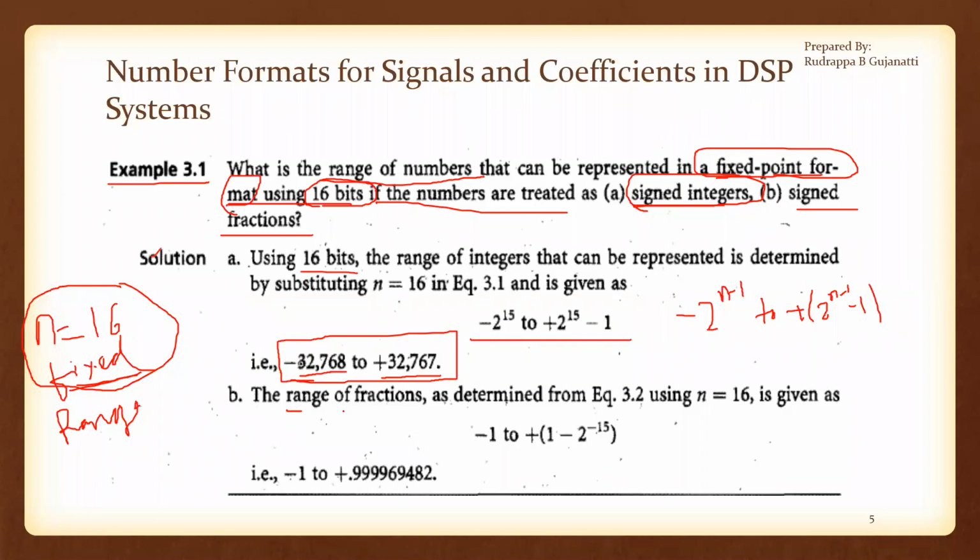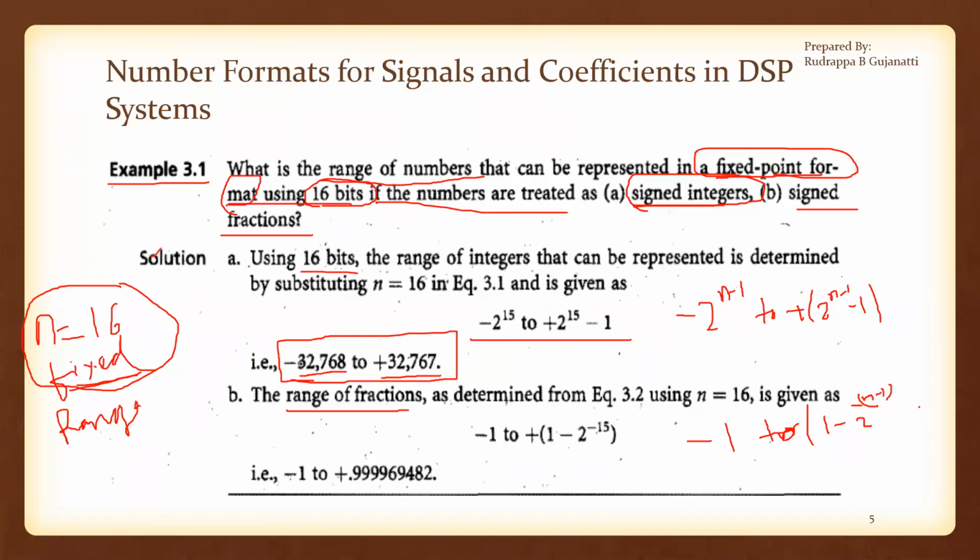Similarly, when we consider signed fractions, the range is minus 1 to 1 minus 2 raised to minus of n minus 1.